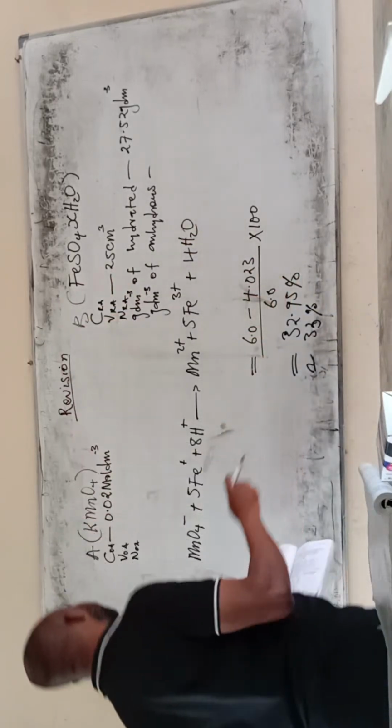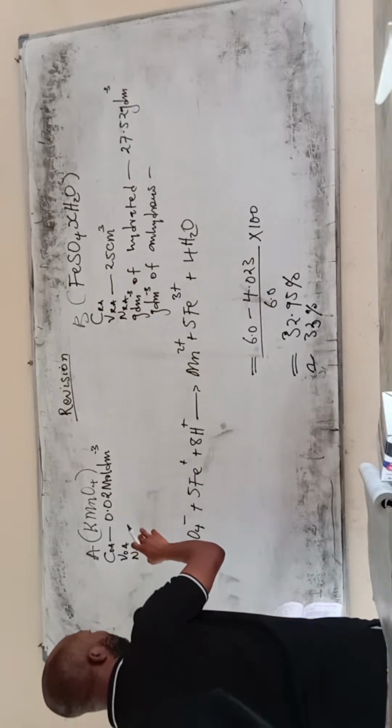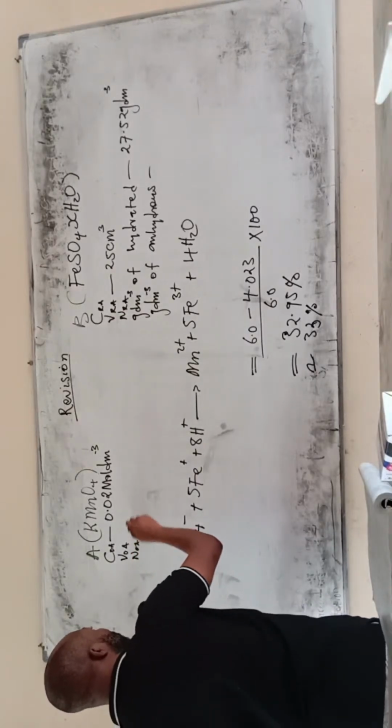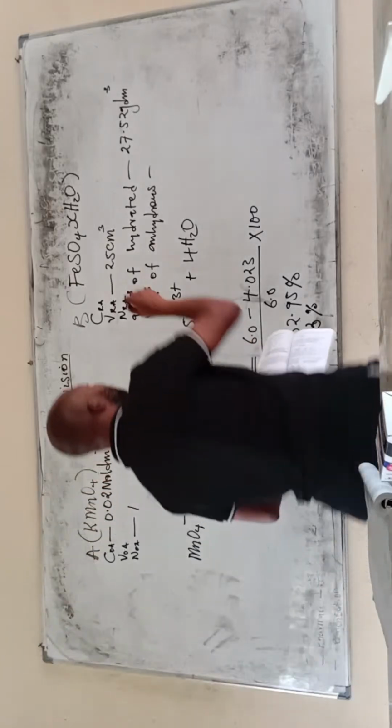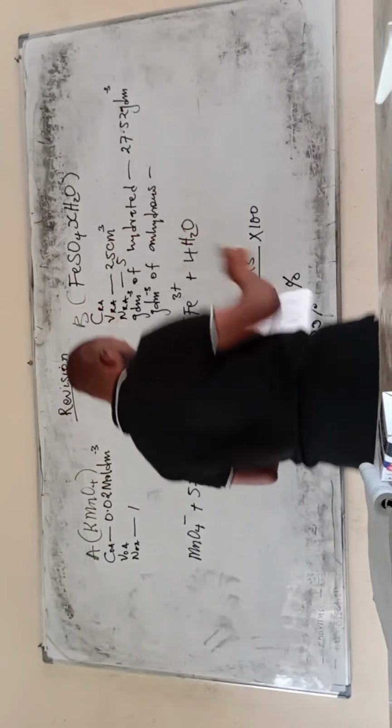By virtue of this, the number of moles of the oxidizing agent is 1, and the number of moles of the reducing agent is 5.